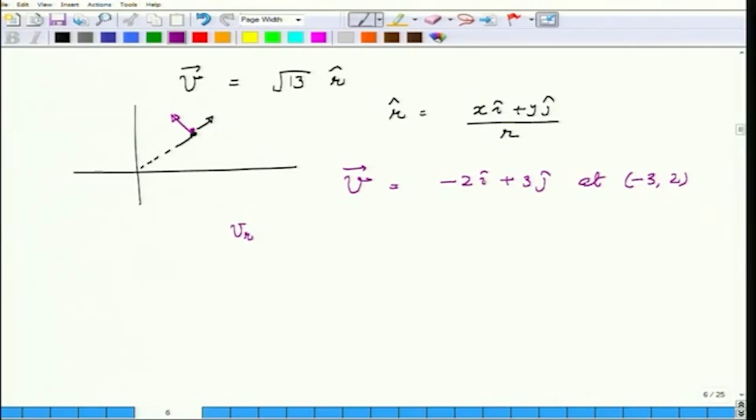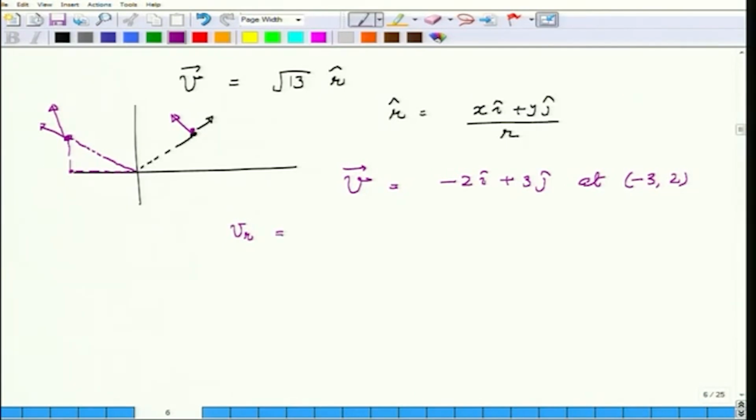I am taking a position minus 3 and 2, somewhere here, and the particle is moving at minus 2i plus 3j, something like this. So now you see there is an angle between the radial unit vector and the tangential unit vector, and therefore v is going to have both the components.